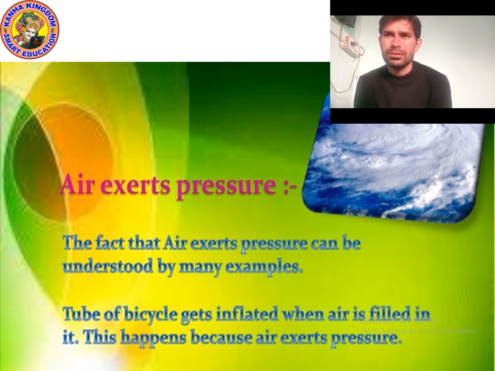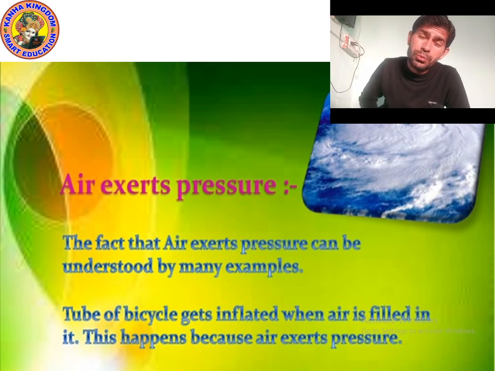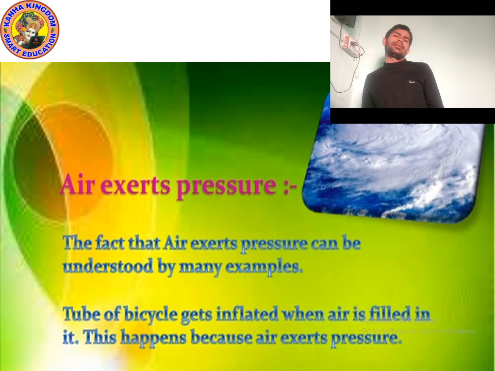When you fill air in a bicycle tube, it is inflated. It is difficult to move the bicycle against the direction of wind. Similarly, a sailor finds it difficult to sail his boat against the direction of wind. This happens because air exerts pressure. When too much air is moving, we also feel difficulty in walking. It's not easy to walk.